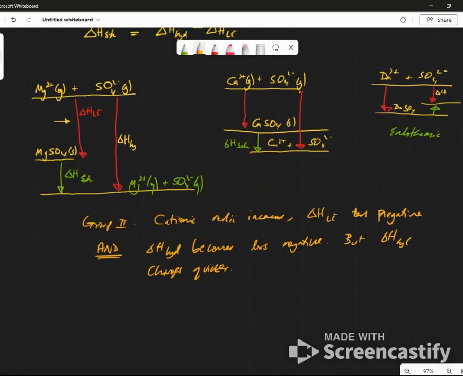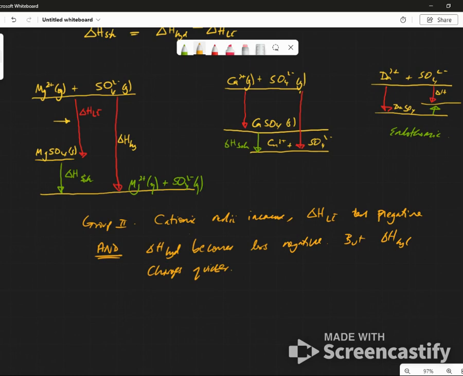So what happens is, because the cationic radius increases, lattice energy becomes more positive and the hydration energy becomes more positive, but the hydration energy becomes more positive quicker. They're both getting more positive, but one's getting there quicker than the other.